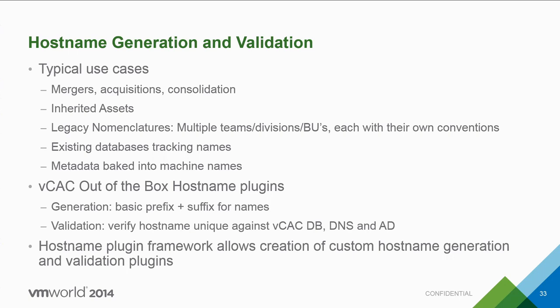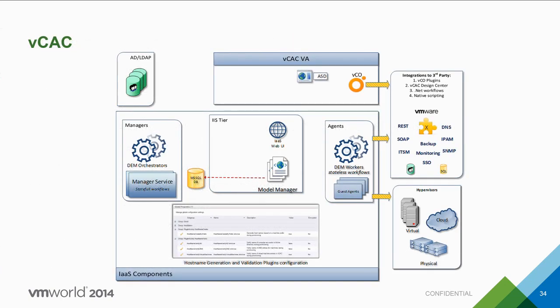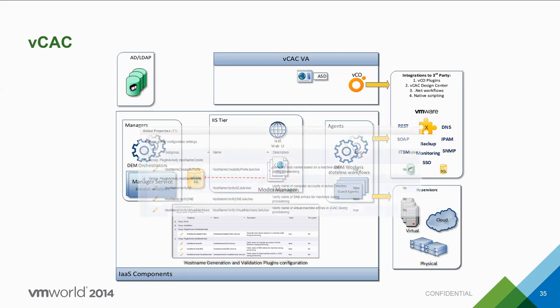It is a framework. You can build your own plugins, which will go and validate against some third-party subsystem, or maybe your CMDB or somewhere else. You can build these plugins and then configure and use them. This is a configuration example of how you can configure plugins.